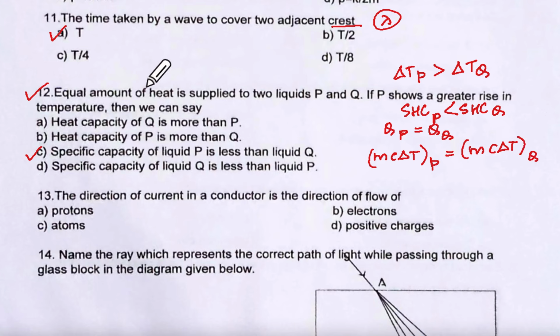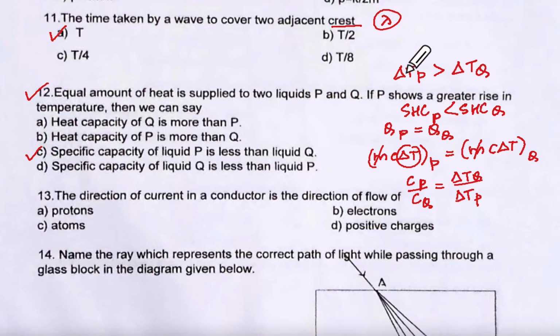If they are going to have the same SHC, let us take the same mass, so m and m will get cancelled and C of P upon C of Q will be equal to delta T of Q upon delta T of P. This goes down in the denominator here. Okay, this C goes this side, so C_Q becomes in the denominator.